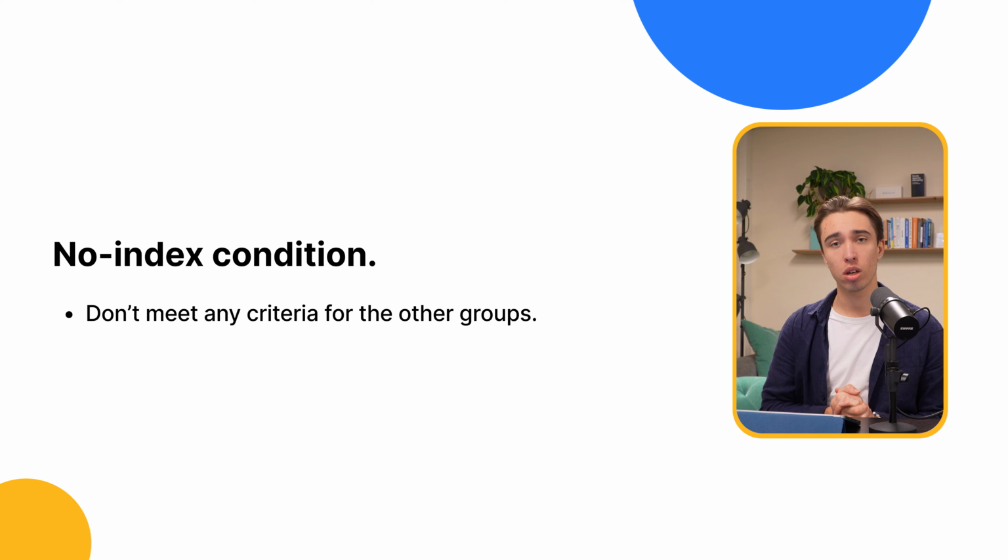Then we have the last one, the no index condition. This group is basically all of the products that have not met any other condition, because they have low impressions, low costs, and have not proven themselves to be an under index, over index, index, or near index product. Those products, you want to give them a separate campaign and allocate some budget to it so that they can prove themselves and get some traffic.